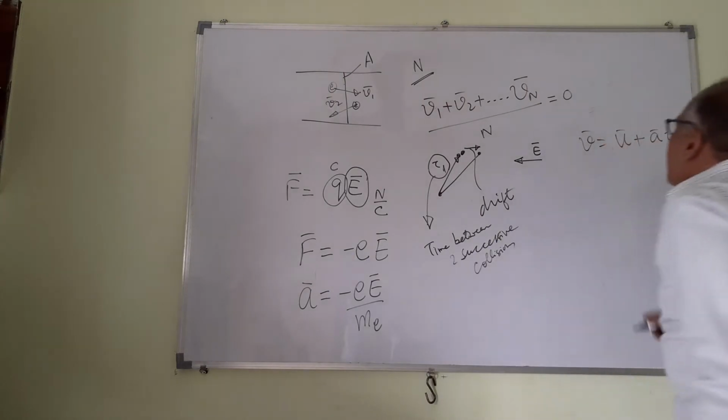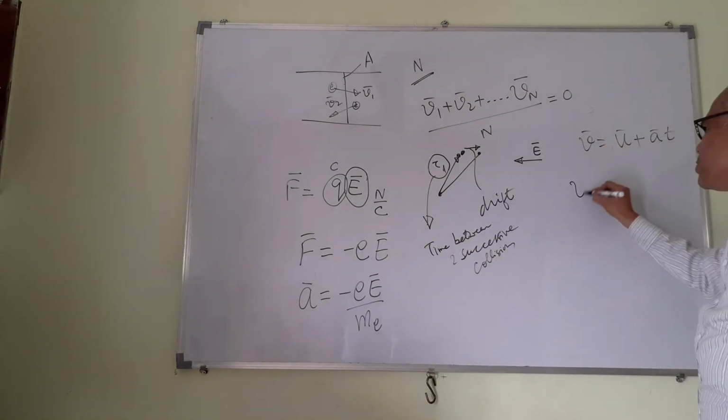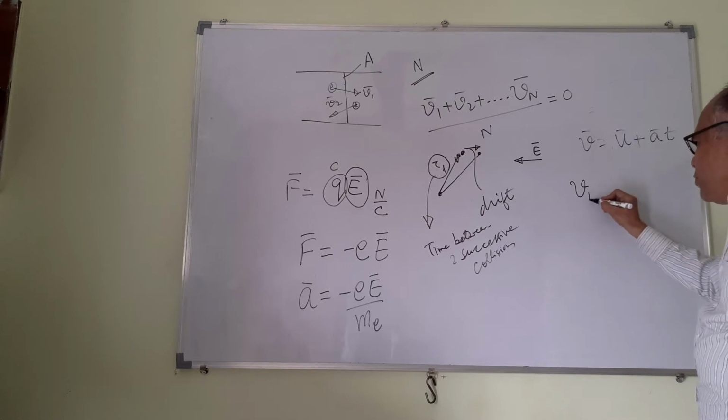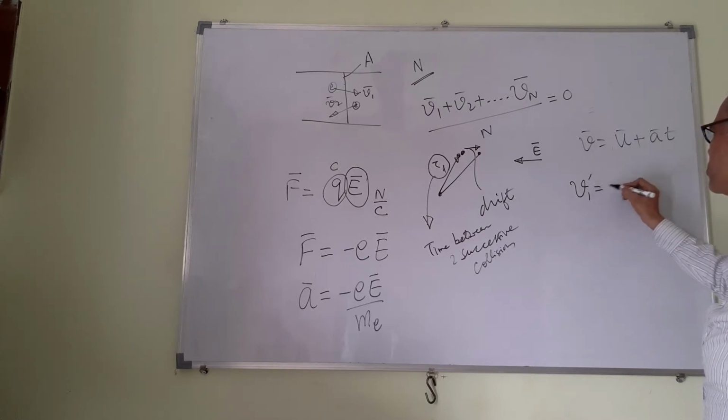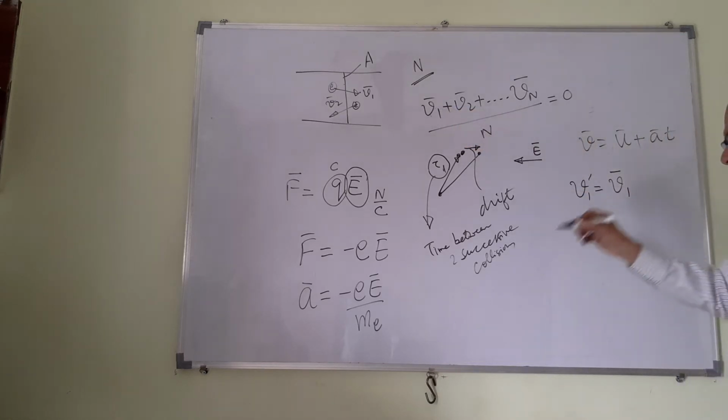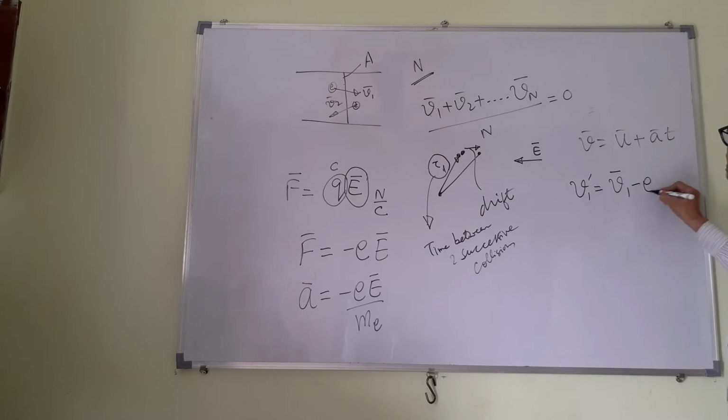So we will now say the new velocity, v1, I will call it v1 prime, is equal to v1, which was the original velocity, and now the field is acting, acceleration is minus e by me, into tau 1, that is v1 vectorially.